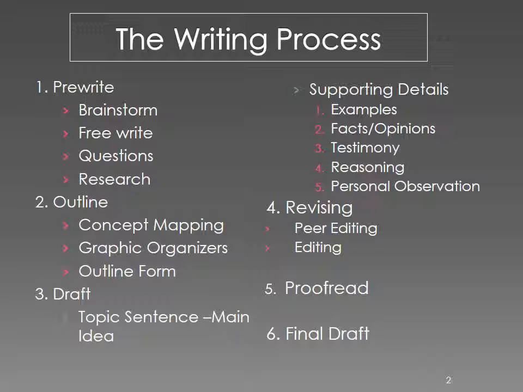While we are in the pre-writing stage, we're then going to take that information and create an outline. And in doing that, we're going to create a concept map. The concept map is preliminary to creating the outline. It's going to help us develop a really good outline.